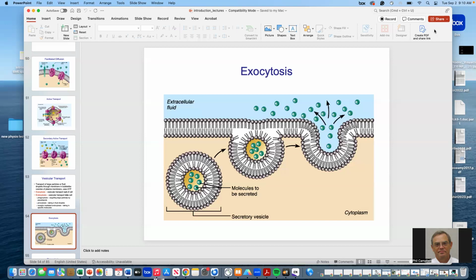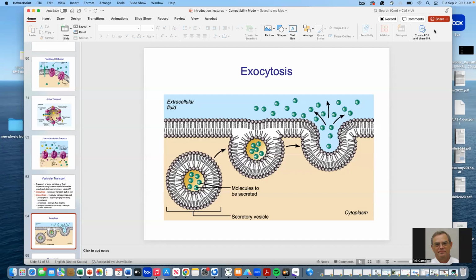There's something else that happens. What also happens, note that there's this fusion happening. So this is one way. Exocytosis is not only permitting the transport of what's inside that secretory vesicle to outside the cell, it's also replenishing the plasma membrane phospholipids. Okay?